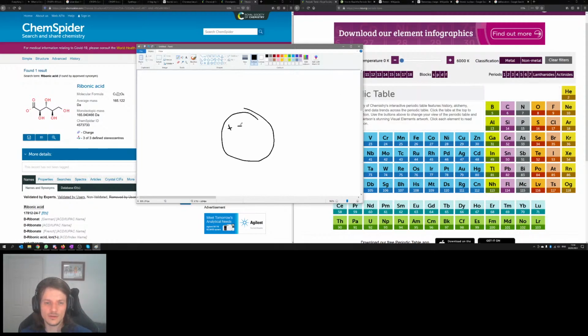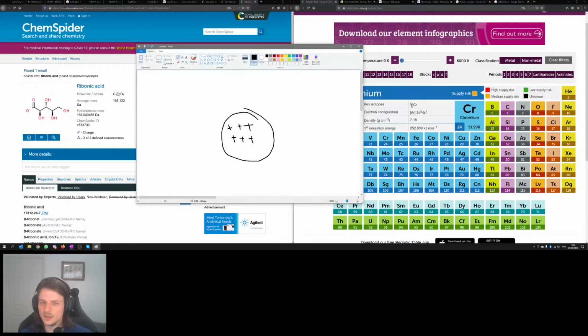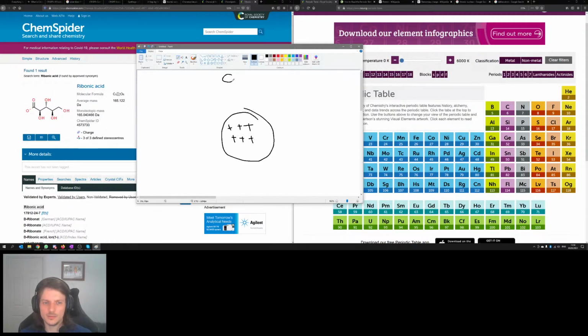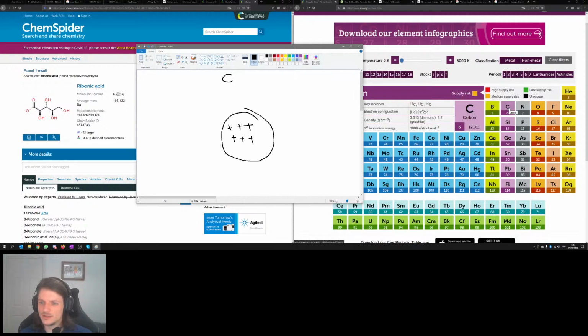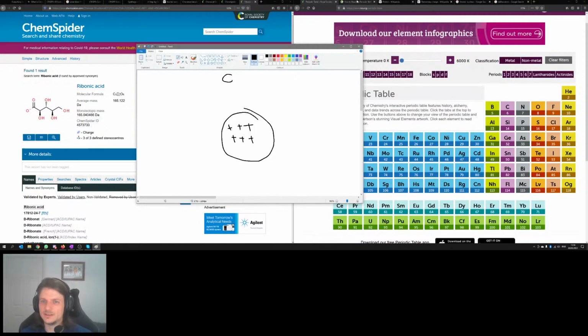So I wonder if that means they're all just positive protons. So carbon is like that, and then it says electron configuration is 2 protons to the power of 2? That doesn't make sense. I don't know. Okay, fine.